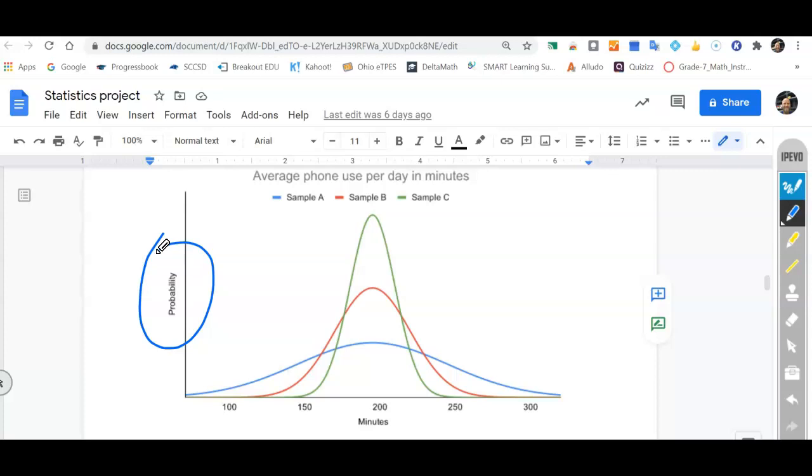So who would you say is on their phone the most? Can we determine that from this? Well, the person in the green sample is most consistent, right? This one is the most consistent.